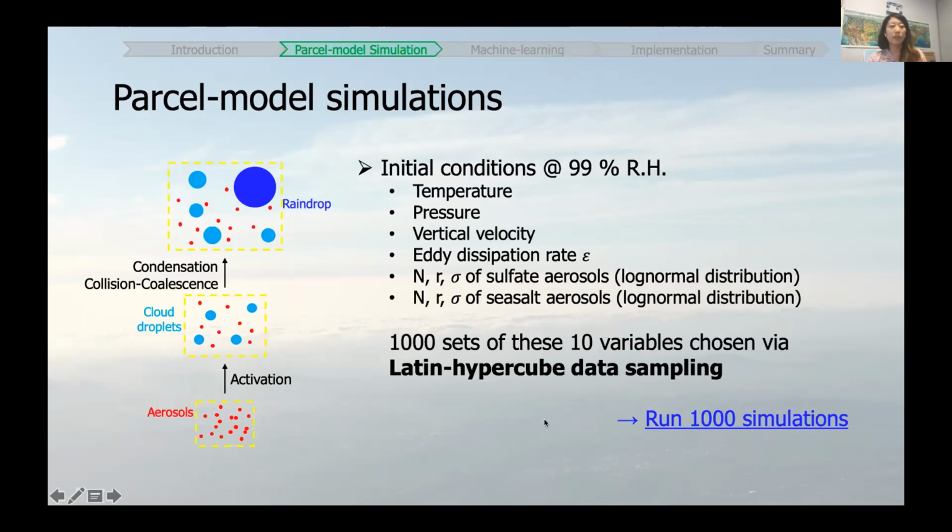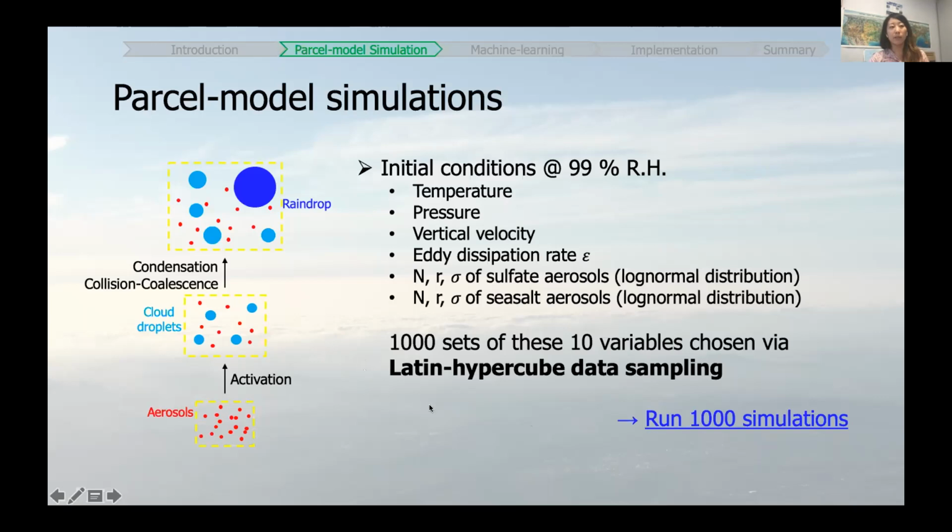For each of these 10 variables, I assumed a certain range and certain distribution, such as uniform or exponential, depending on the variable. And then once the PDF or CDF was given for each variable, 1,000 sets of these 10 variables were chosen through Latin hypercube sampling.